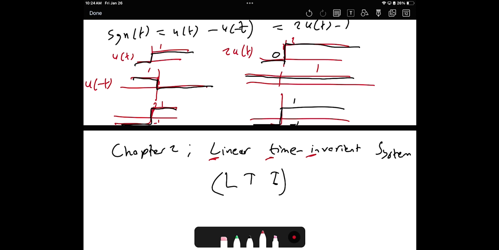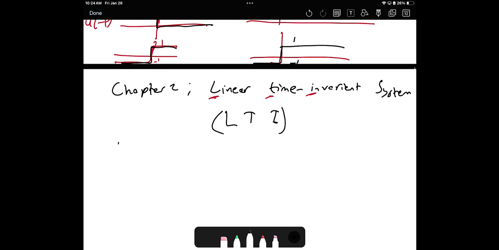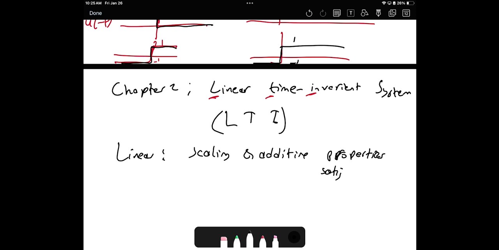Okay? Now, let's talk a little bit about what linear means. A linear system is achieved if the scaling and additive properties are satisfied. Now, what do scaling and additive mean? Let's discuss.